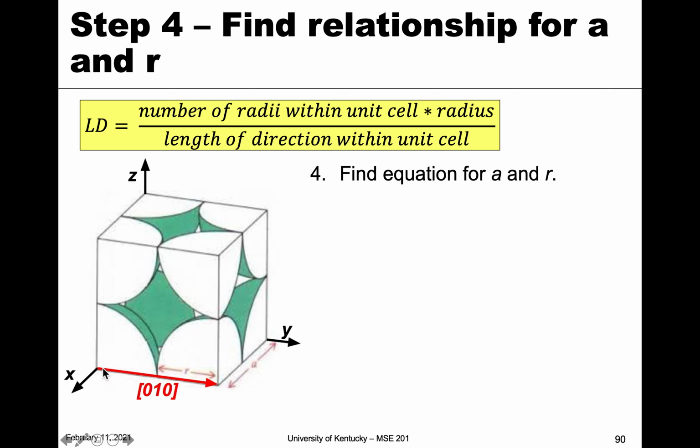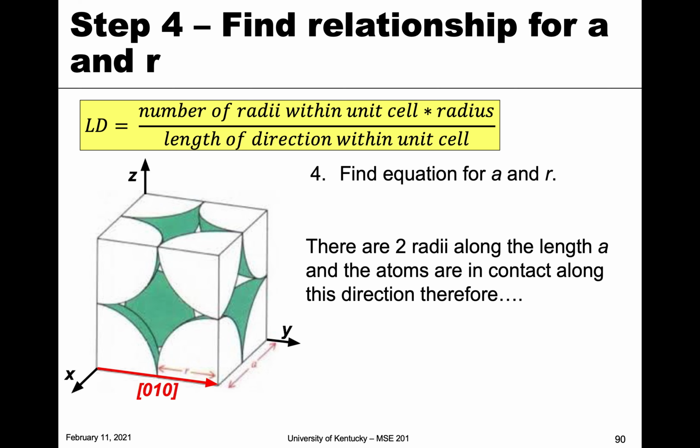If I look at A, it has 2 radii and there's no gap. If I looked at, for example, this dimension here, you see a lot of gap. So you want to find a length where there's no empty space. So this length, and that means that A is equal to 2R with nothing else. So we have 2 radii along that length, and that is our relationship for simple cubic.